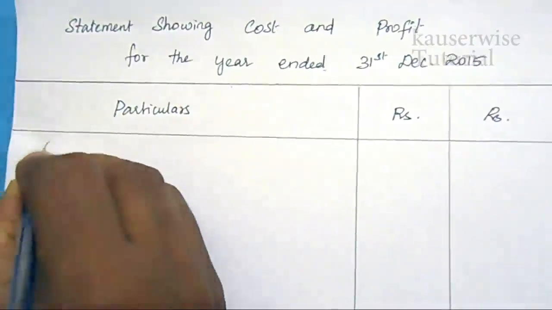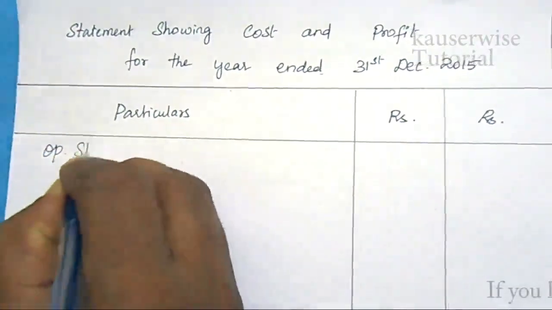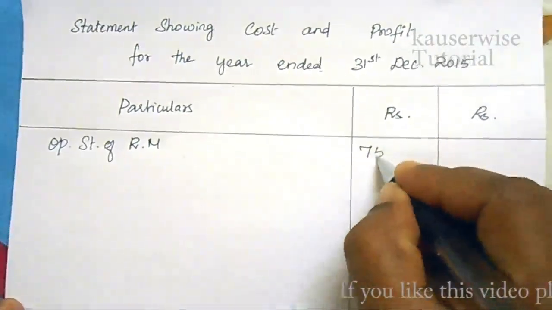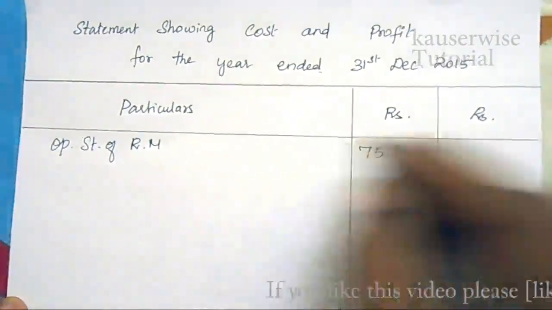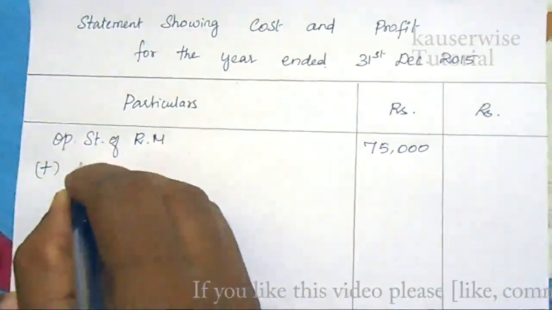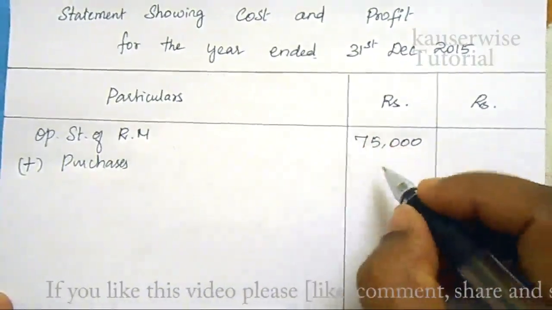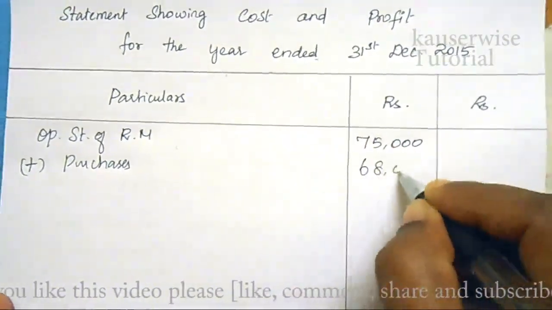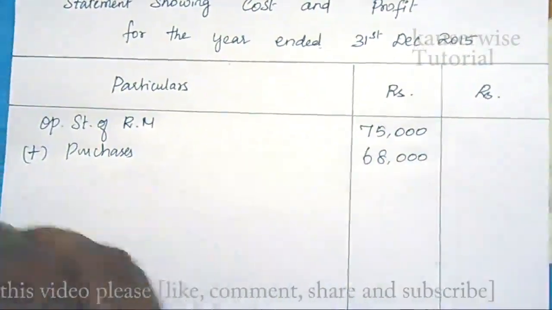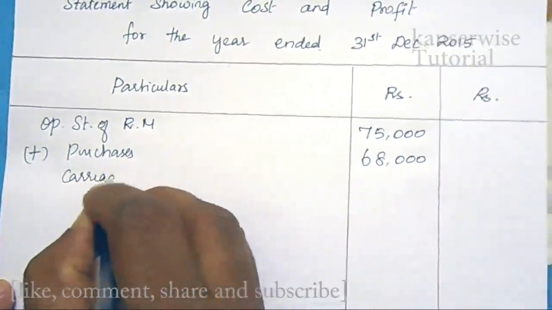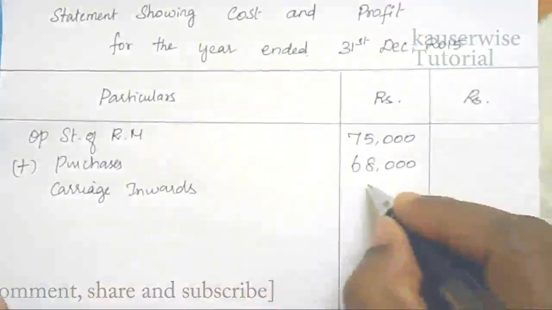First start with the opening stock of raw material. How much? 75,000, and add purchase of raw material. How much? 68,000, and then add carriage inwards 2,000.